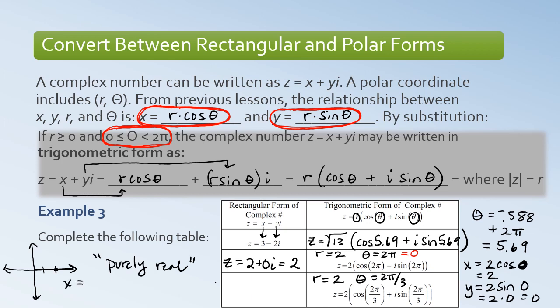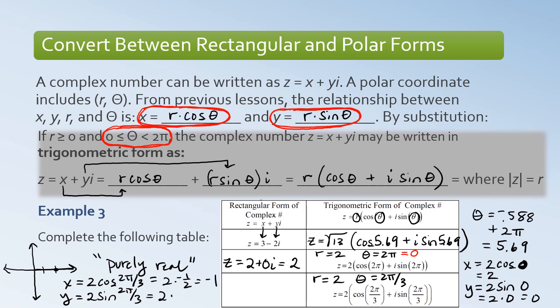All right, now that you're back, x is going to equal, what did we say, r cosine theta, so 2 times the cosine of 2 pi over 3. And let's see, that's going to be 2 times, the cosine of 2 pi over 3 is negative 1/2, and so I get negative 1. And my y value is going to be 2 times the sine of 2 pi over 3.